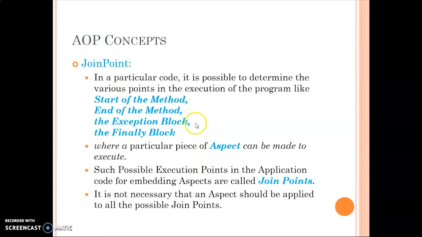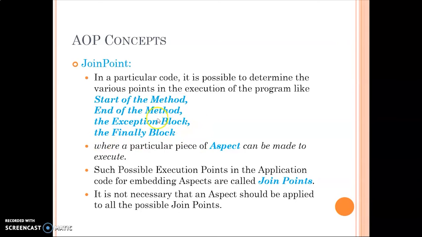There could be also times when I want some set of code to execute whenever an exception occurs. So in that case, I would want a point where I want my aspect code to execute whenever an exception occurs. So I have the exception block for that. Similarly, there could be times when the finally block runs in the whole exception handling part, I want a particular code to execute at that point.